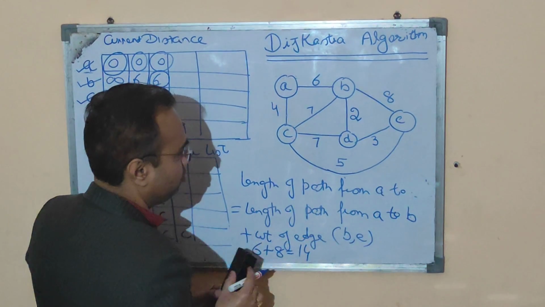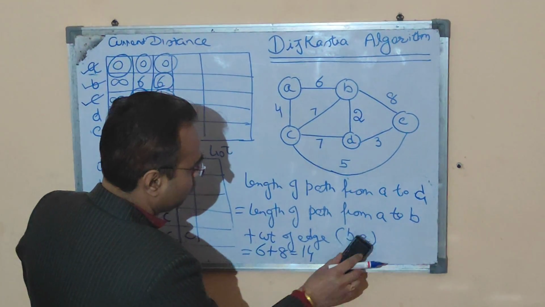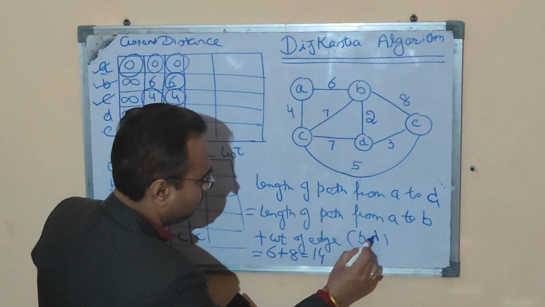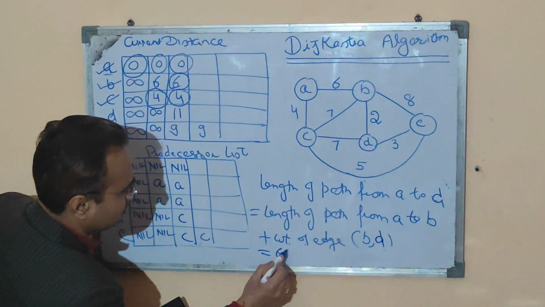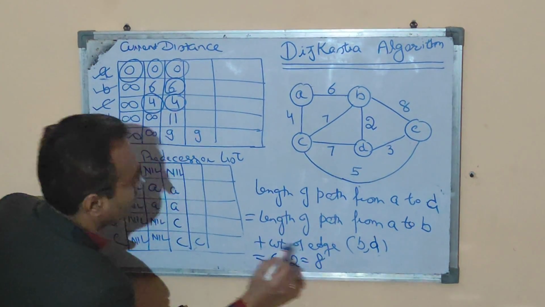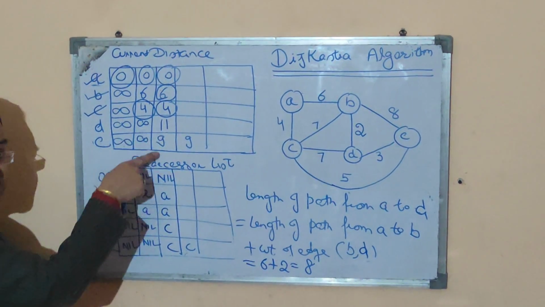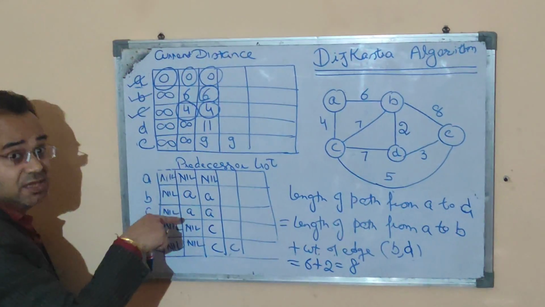So it's still 6. Now let us see for D. Length of the path from A to D. It is going to be length of the path from A to B and the weight of the edge B to D. So it's going to be 6 plus 2 is equal to 8. 8 is smaller than the existing path. So it means we have found a path which is better than the existing path.